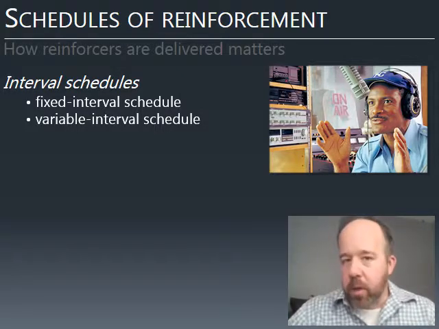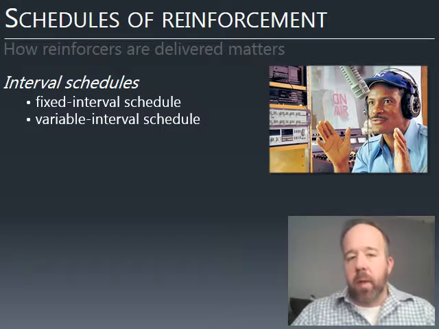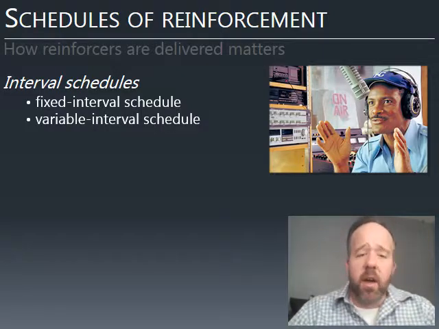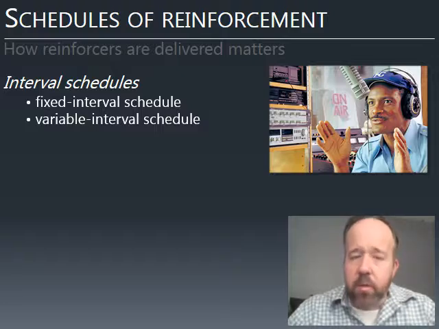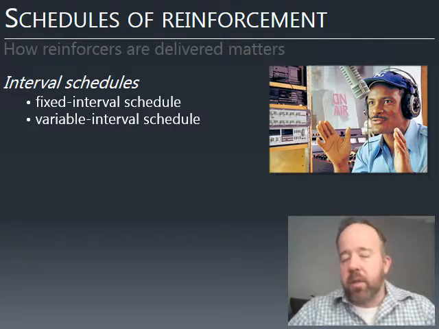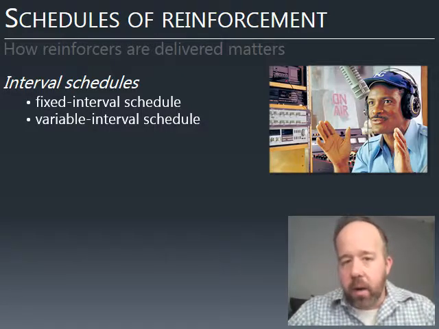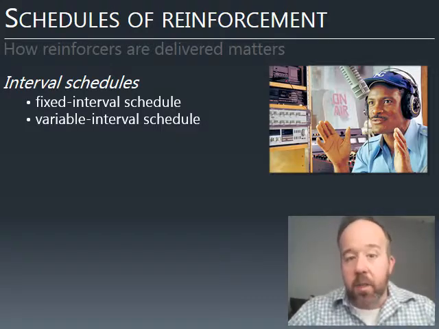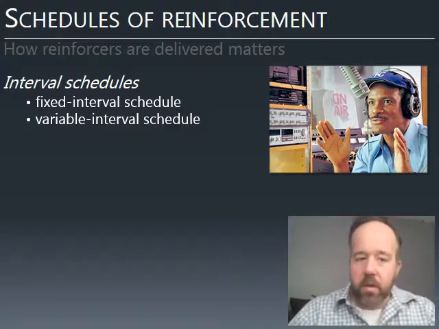It's not the amount of effort you expend. It's the amount of time that's elapsed, but the amount is uncertain. You have a range. You have an average amount of time that you'll need to wait for. So that is a variable interval schedule. So you just have an average amount of time that has to be waited on before you can exhibit your response and get the reward, get reinforced.